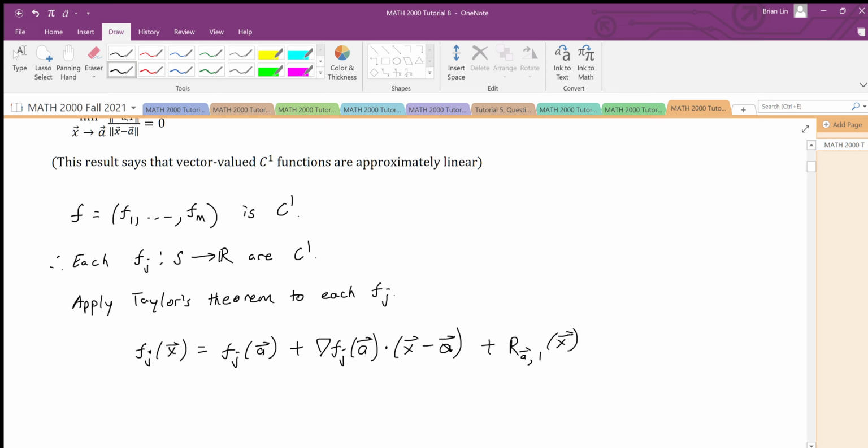But specifically, this is the remainder term for the jth component. So I'm going to put a superscript j to remind us that it's the remainder for fj.